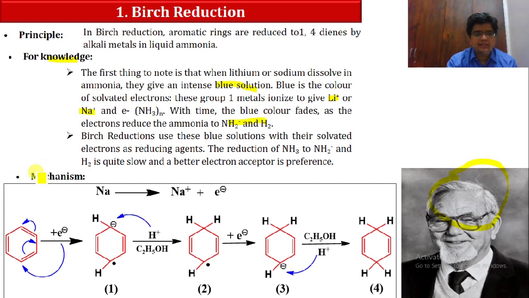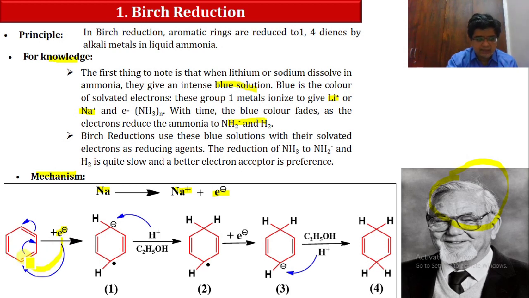So now let us understand its mechanism. Here we are using Na. So Na will give Na+ and electron e- by means of oxidation. Now this electron will attack one of the pi bonds.